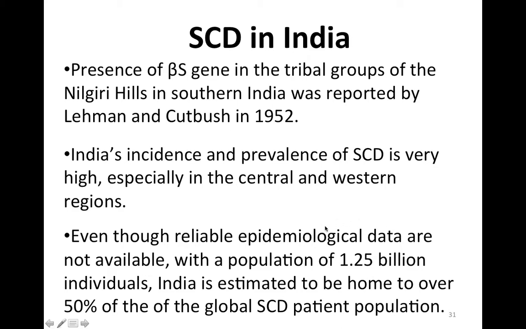Even though reliable epidemiological data are not available, with a population of 1.25 billion, India is estimated to be home to over 50% of the global SCD population. So that much severity, that much risk is there in India because of sickle cell anemia.